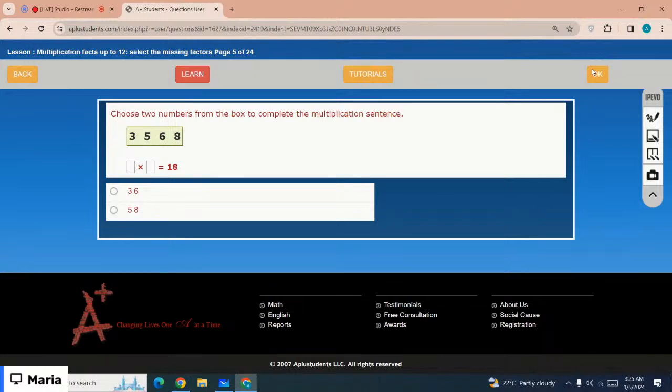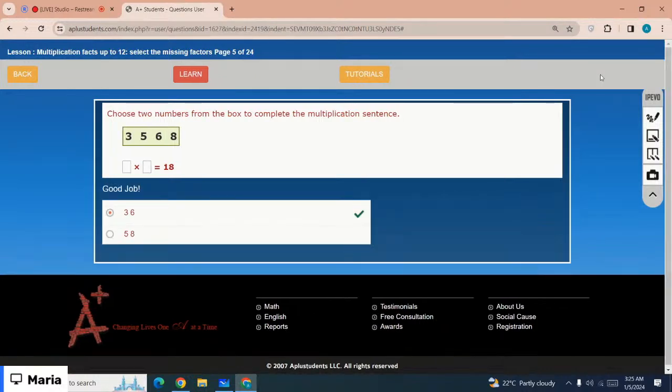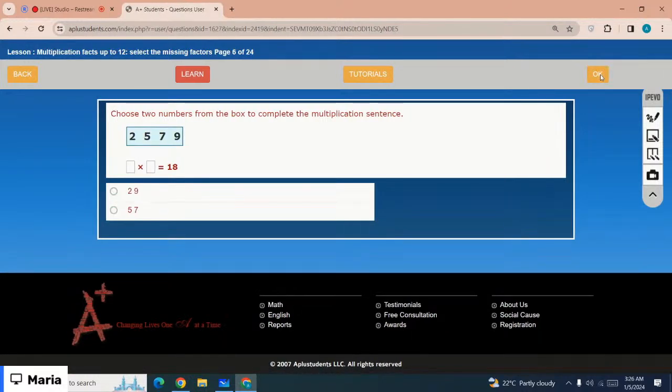The correct option is 18. 3 times 6 equals 18. Very good. No, actually, writing 3 and 6 without space.